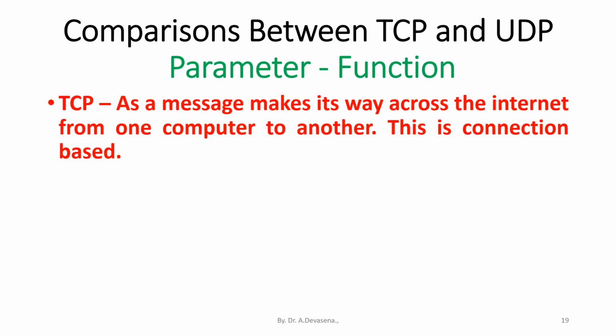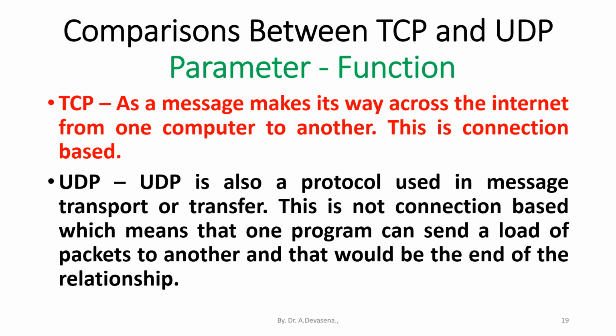TCP is how a message makes its way across the internet from one computer to another. This is connection based. Whereas UDP is also a protocol used in message transport or transfer. This is not connection based, which means that one program can send a load of packets to another, and that would be the end of the relationship.